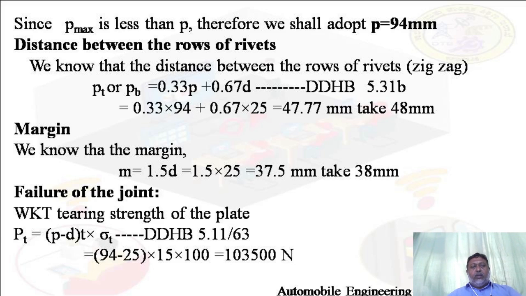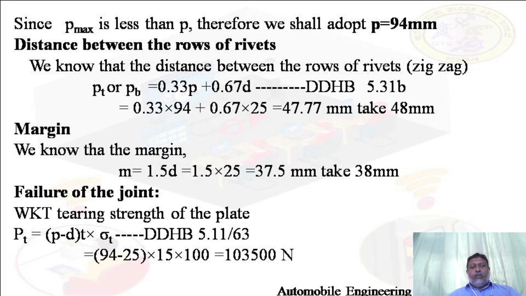Then you calculate the other data in the same way as we did in the last session. We have already done this part in our 10th session. The distance between the two rows of rivets is calculated, given by PT or PB, transverse pitch or back pitch, by equation 5.31b: 0.33p plus 0.67d.